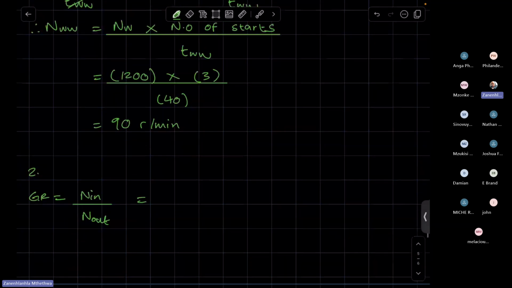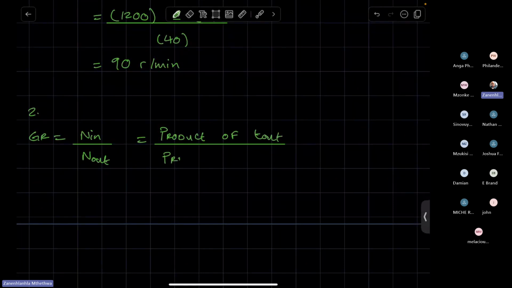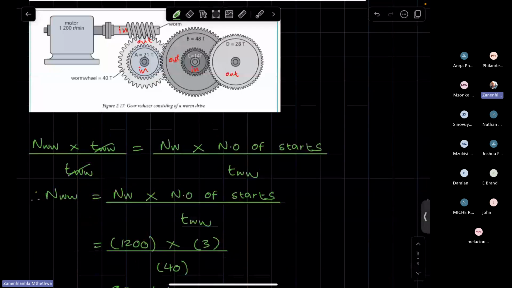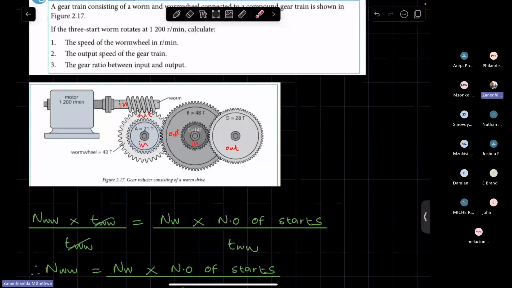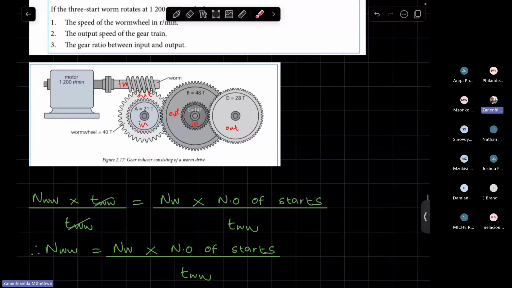Now, for a compound gear train, we express the gear ratio in terms of number of teeth by looking at the product of T out divided by the product of the number of teeth of gears we consider as in. That is where having to label your gears accordingly, as far as which gear you take as in and which you take as out, is convenient.